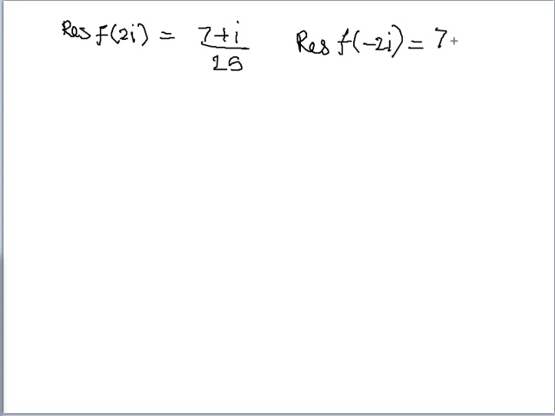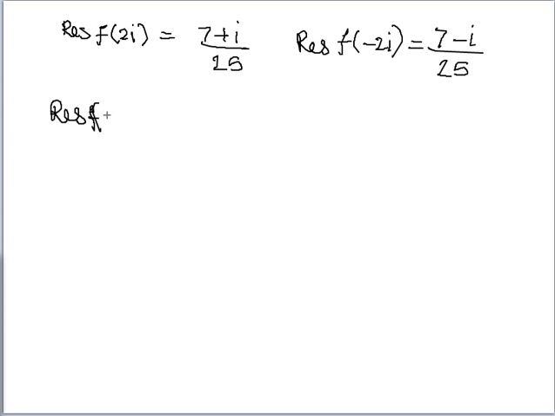Now last is the second step, where the order of the pole is more than 1. So the residue at z equal to minus 1, because the order of the pole is 2.